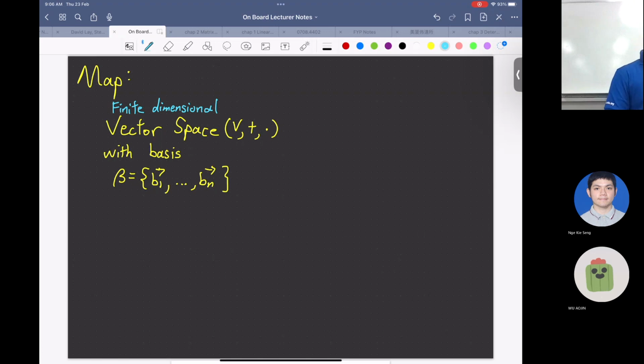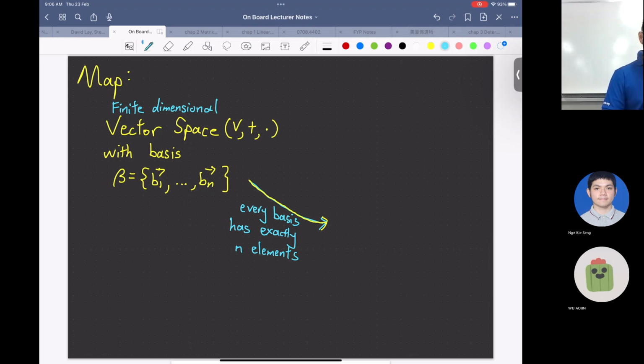Yesterday we also proved that if you find any other basis, they will all have the same number of elements. If one basis has n elements, then all the other bases will also have n elements. This is what we call an invariant of your vector space. An invariant is something that doesn't change.